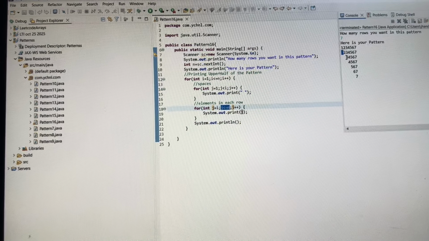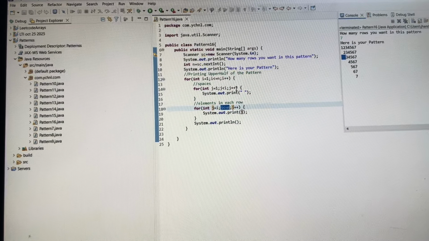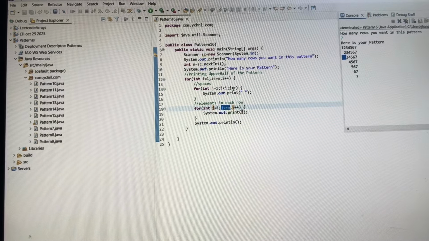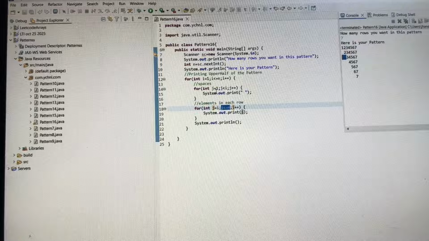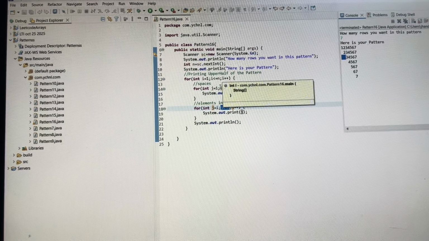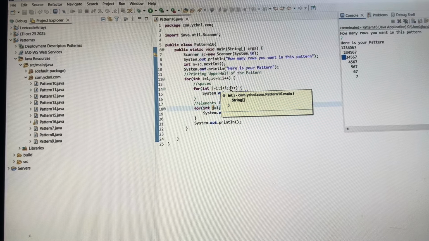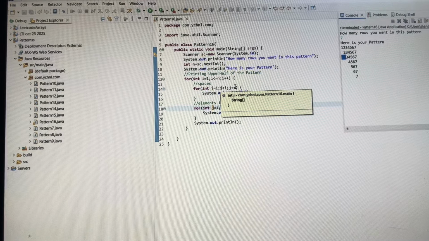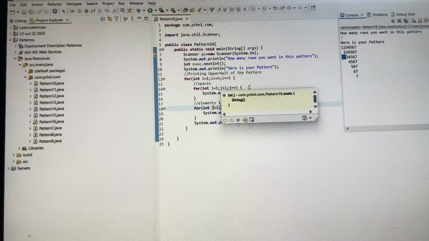For i equal to 3, third row, it should print 2 spaces, right? So for i equal to 3, j is equal to 1, 1 less than 3 means that condition is true.